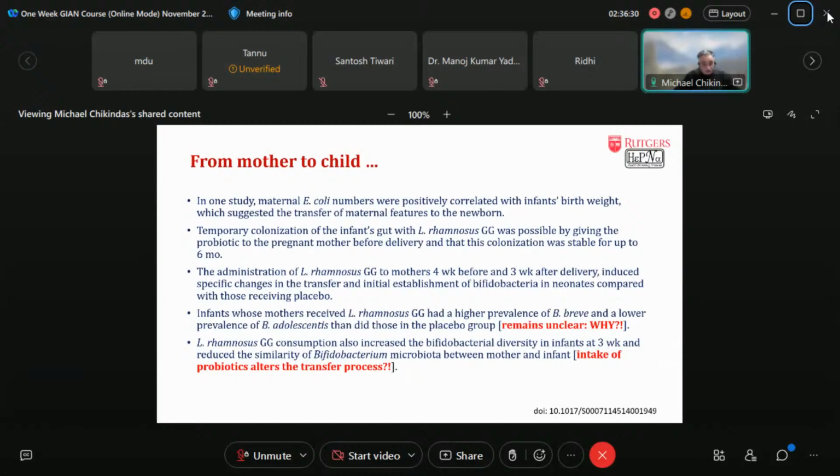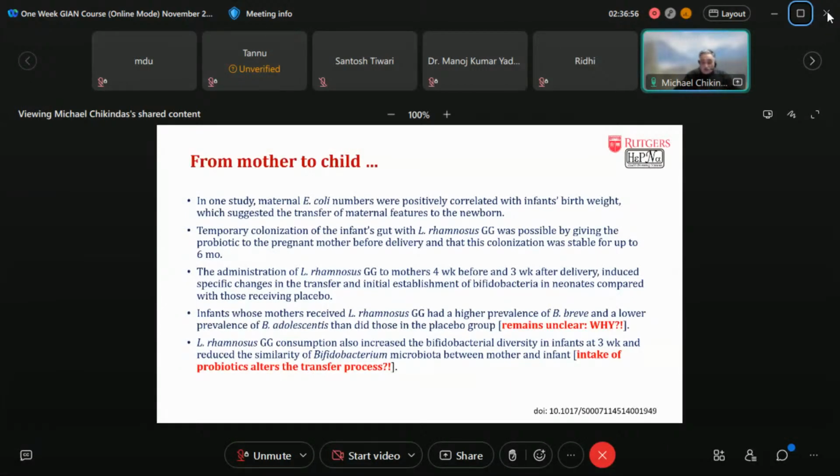likely through the breastfeeding. Another example of the administration of LGG 4 weeks before and 3 weeks after the delivery. So the first thing is that the population establishes presence, and then it was continued delivered also with the breastfeeding.